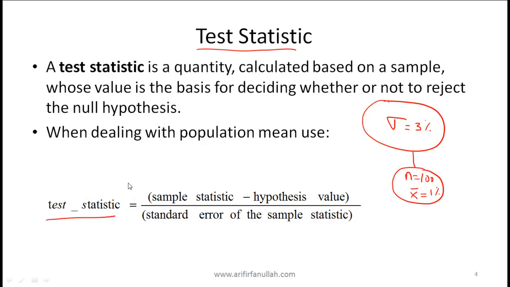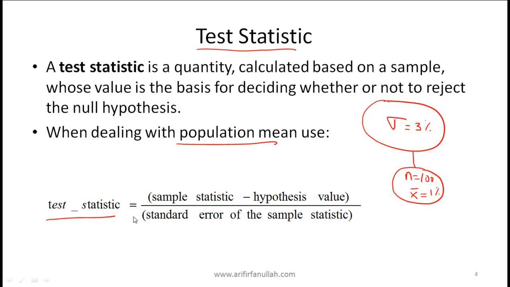One of the simplest test statistics is calculated when you are dealing with population mean. Later on we will deal with other sorts of parameters which have slightly different test statistics, but the one that you should be very comfortable with for the level 1 exam is the test statistic for a population mean.